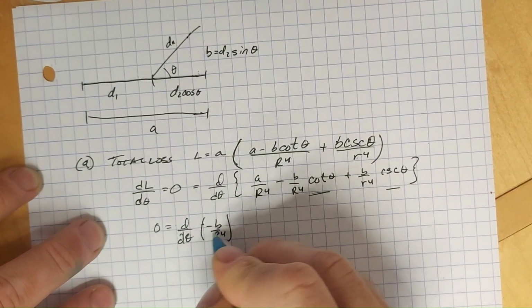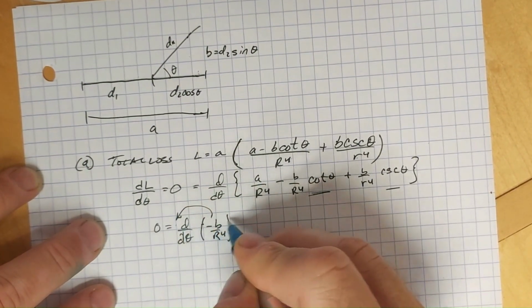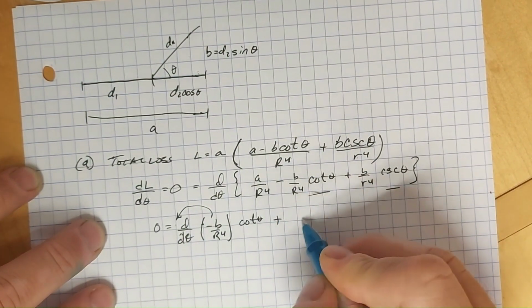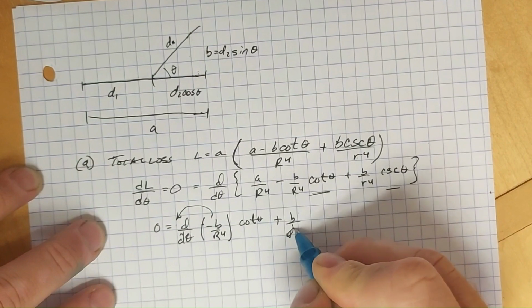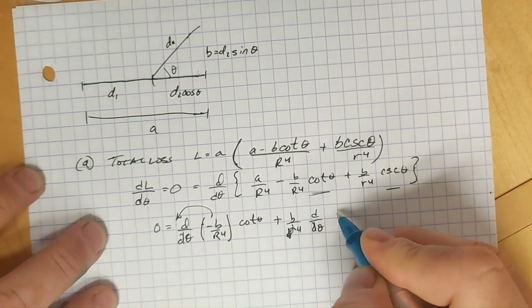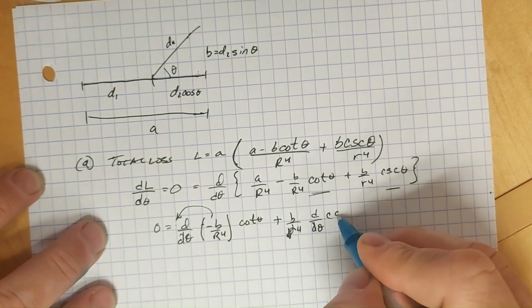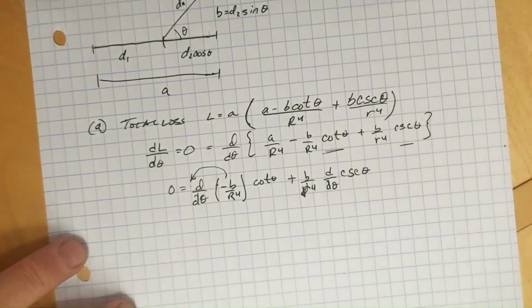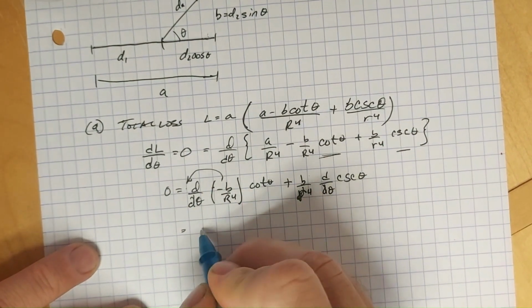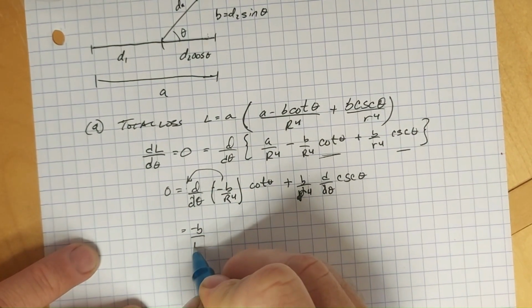and I've written it in front, unfortunately. That should be here as a constant, and so I'm going to be taking really just the derivative of the cotangent plus, and also I'll be more careful here with b over little r to the fourth, d by d theta of cosecant of theta. Okay, so the constants are going to be factored out in front, and so now I have negative b over R to the fourth.